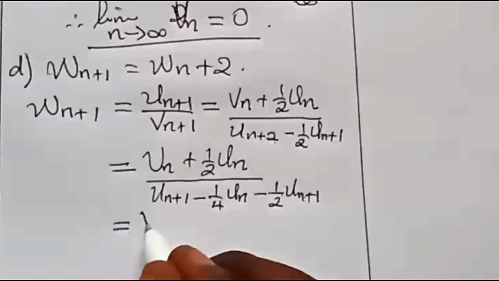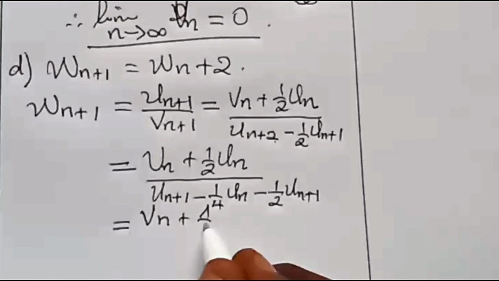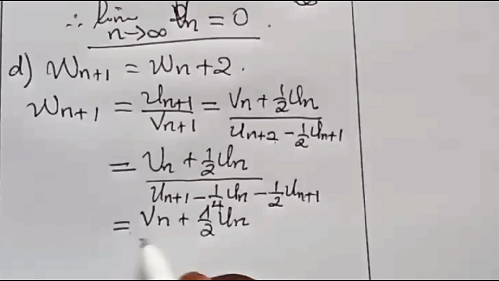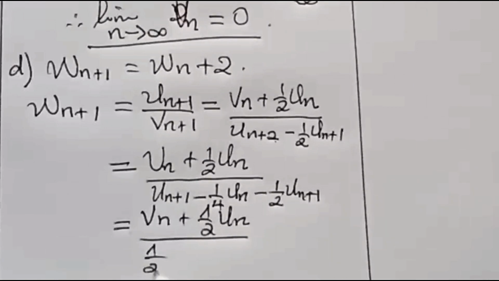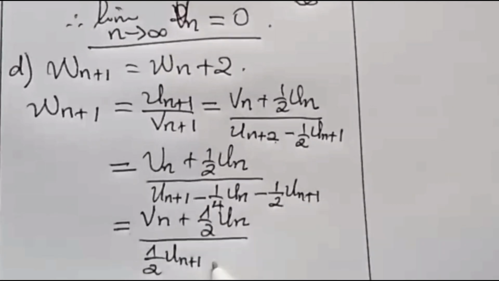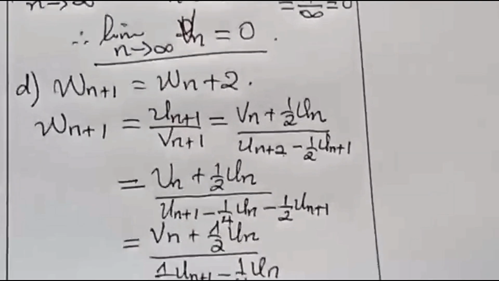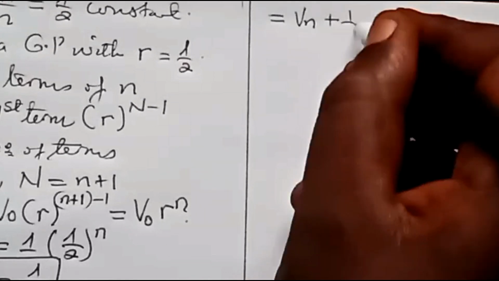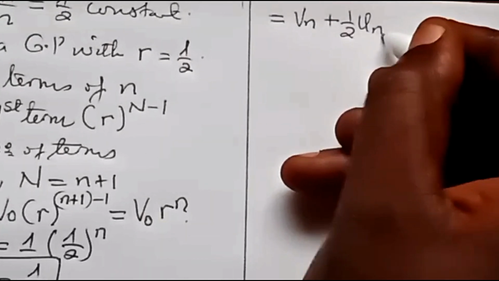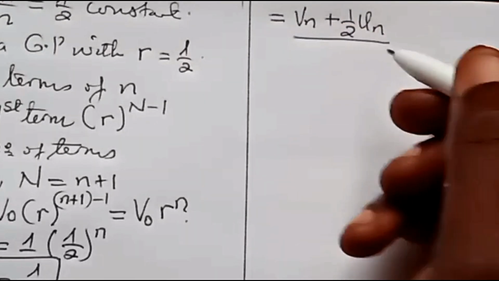This gives Vn plus half Un all over Un plus 1 minus half Un plus 1 minus 1 quarter Un, which gives half Un plus 1 minus 1 quarter Un. This gives Vn plus half Un at the numerator all over.